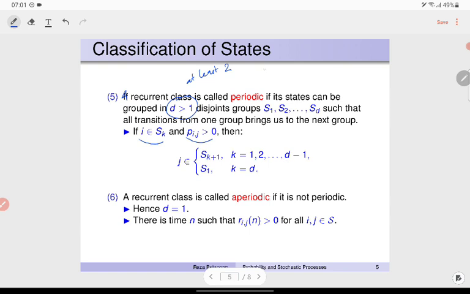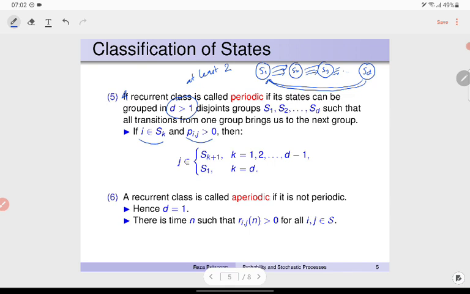So that means that if this is the set of states S1, S2, S3, and so forth until SD, and we have here a set of transitions from this group, we can do this. So we can group this recurrent class into this form. And the last one from SD is going back here to S1.